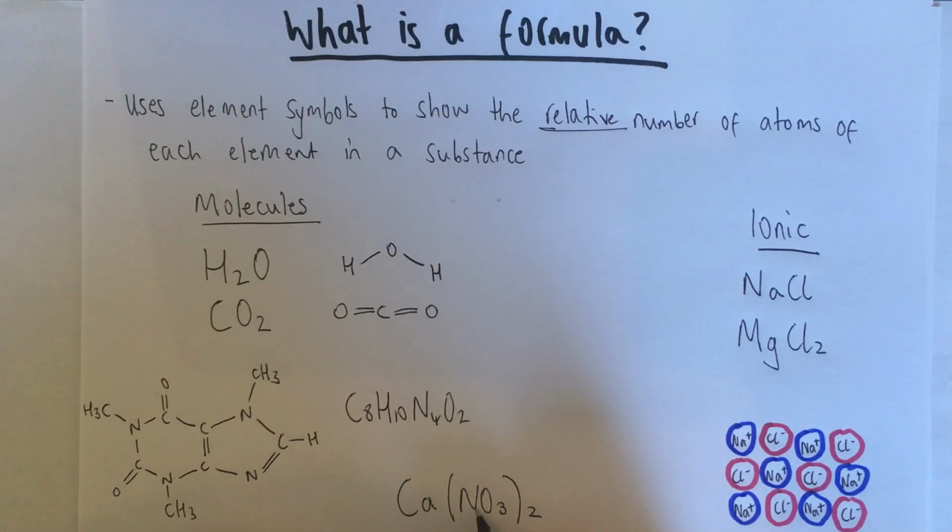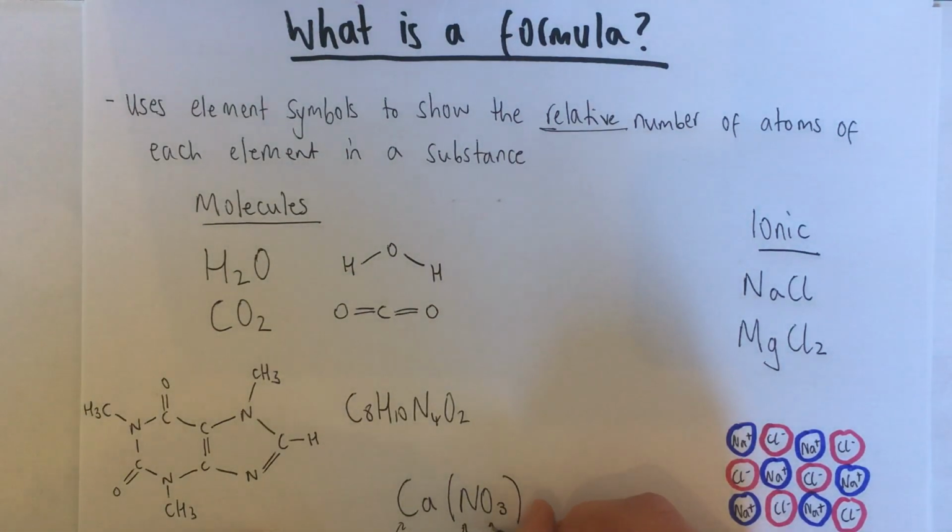Nitrogen, there's no number after it, but we're going to times it by the 2 because it's inside the brackets. So there are 2 nitrogen atoms there. And with oxygen, 3, but we times that also by the 2, so 3 times 2, there are 6 oxygen atoms in total. So just like maths, times everything in the brackets by the number outside of the brackets.